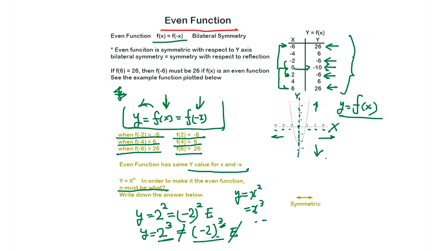So this kind of function becomes even when n is even. Okay, so even function is created by even n. It sounds very good, right? Because the even number n is related to even function.